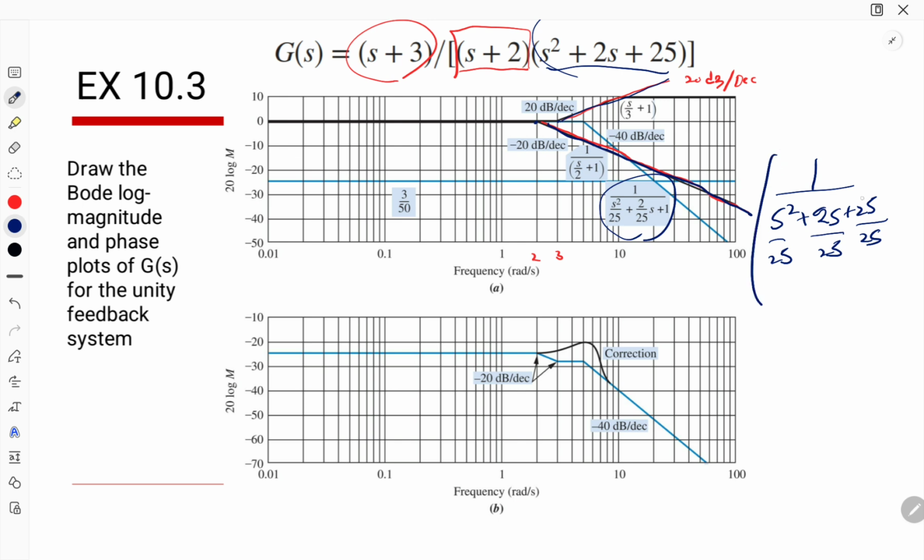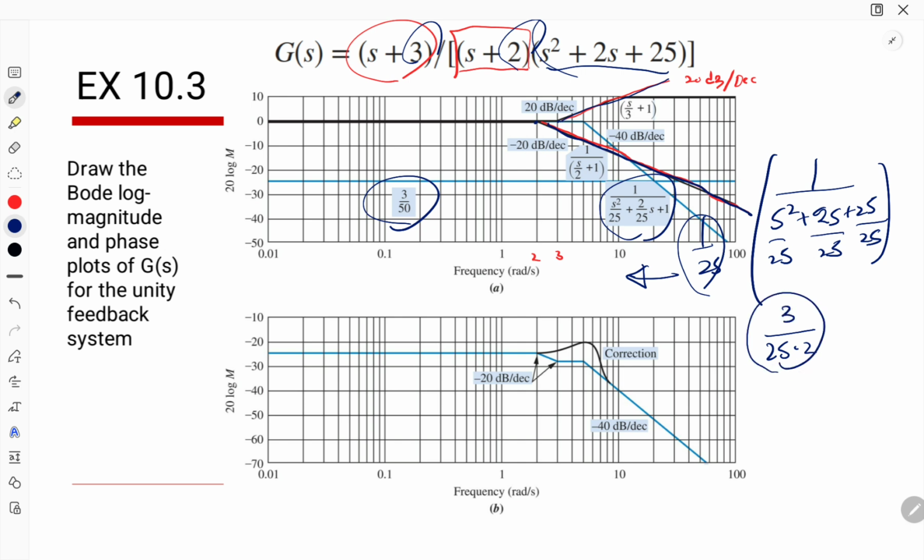And then, of course, you have to get 1 over 25 to the front. So that is each one at 1 over 25. And then 1 over 2, 1 over 3, 25 times 2, that is 50, and then 3. It's all the gathering of coefficients. And 20 log of that is approximately this value here.